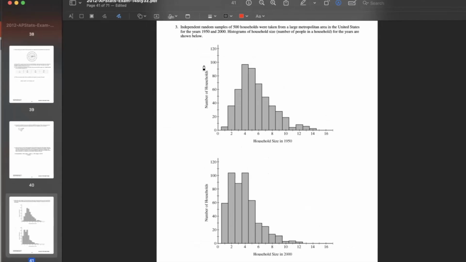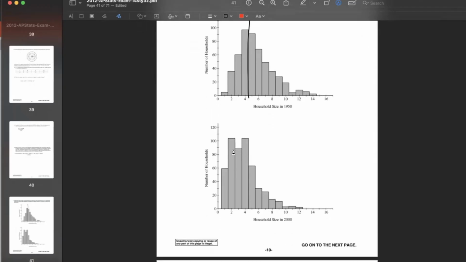All right, so let's start off with the center. So we can do that by reporting the median. So since there are 500 households in each sample, we want to find the 250th approximately. So in this first one, if we take all the numbers up to here, that would be approximately 100 plus 60 plus 40, which is approximately 200 households. So the 250th household falls in this bar right over here, which is 5.